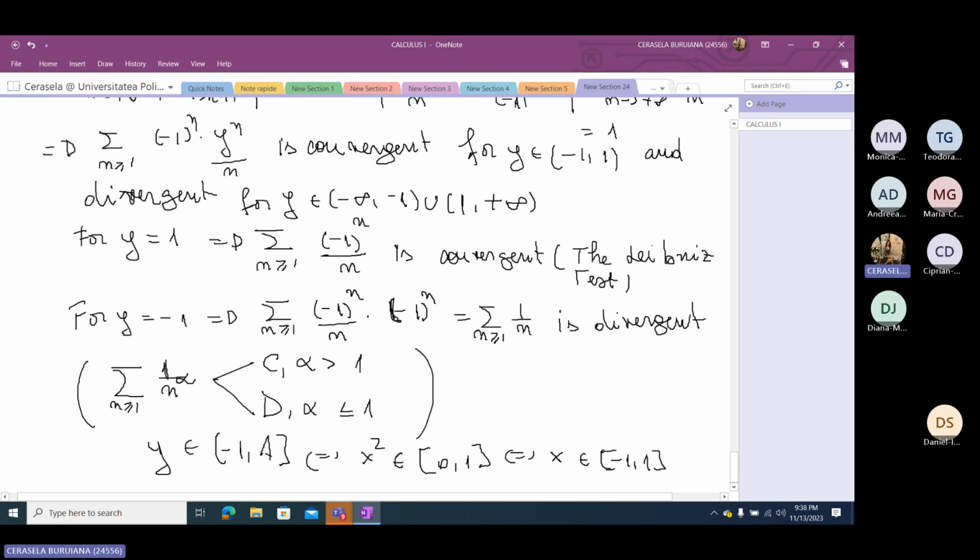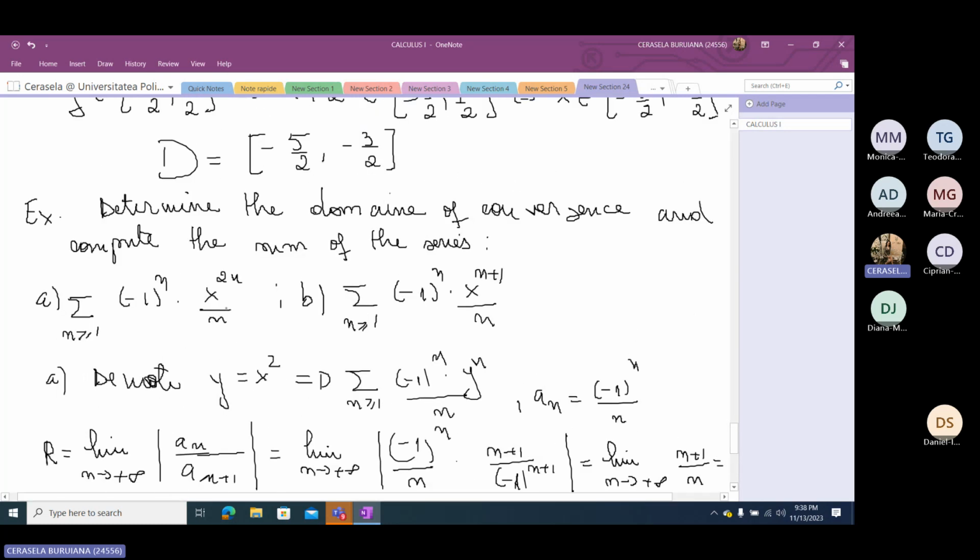To be sure that at -1 it is convergent, let's take our series where it is here, and replace x by -1. How much do we get for the series in this situation? It will be the series of general term (-1)^n times (-1)^n. How much is it always? 1, isn't it?